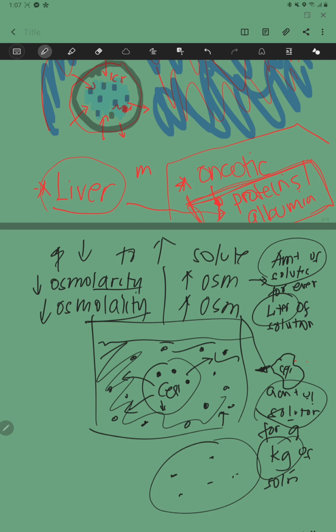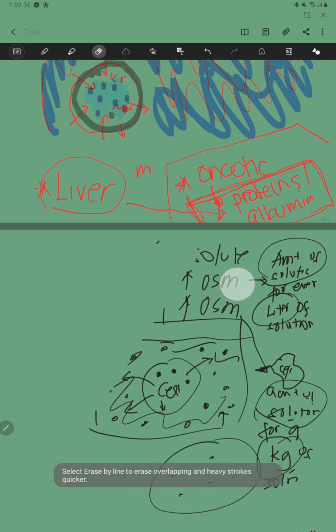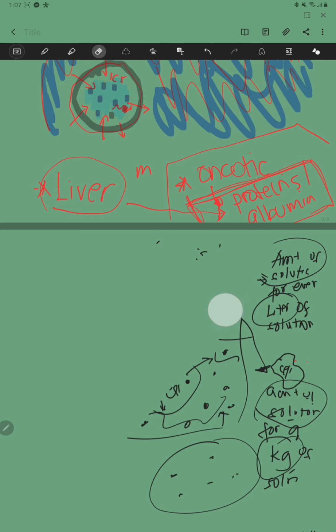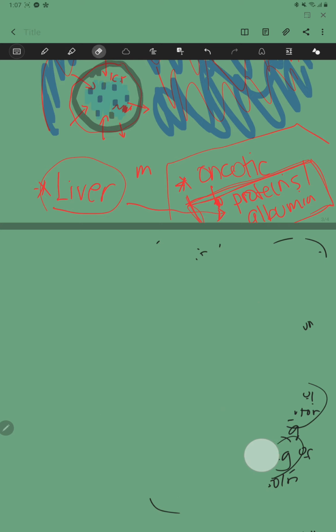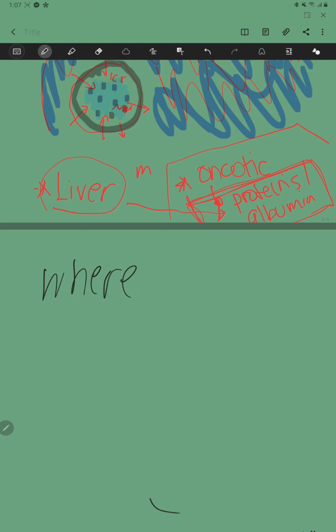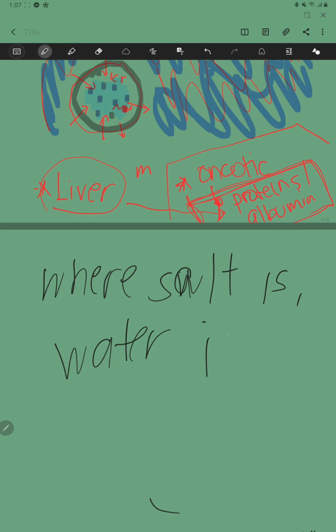In order for you to also easily understand kung ano ba yung concept ng ating osmosis, or yung movement ng ating fluids, we have here the saying, where salt is, water is. What do you mean by that?